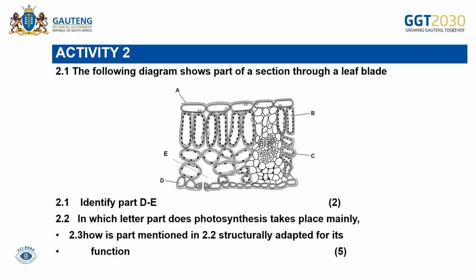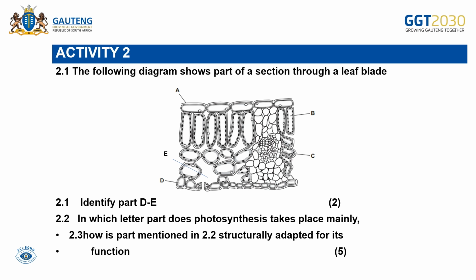Very good. Why part B? Why do you say photosynthesis takes place mainly in part B? The layers are tightly packed and cells are elongated.